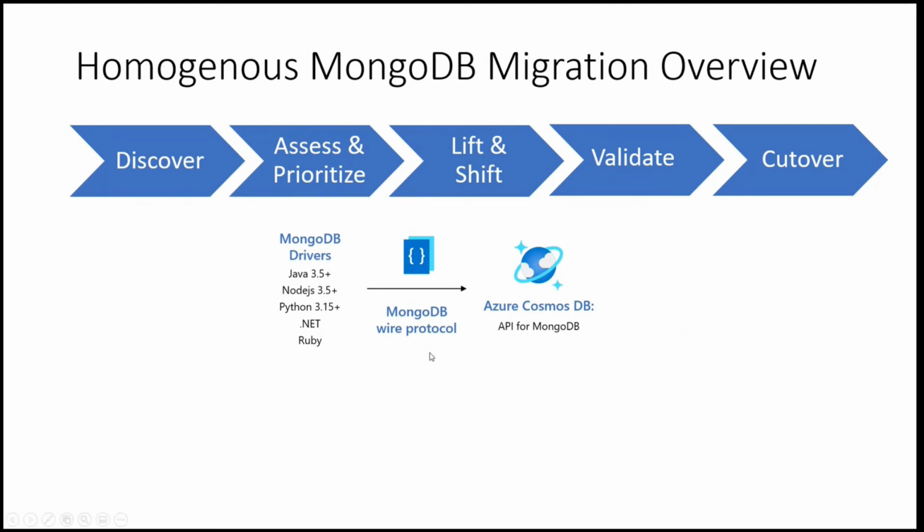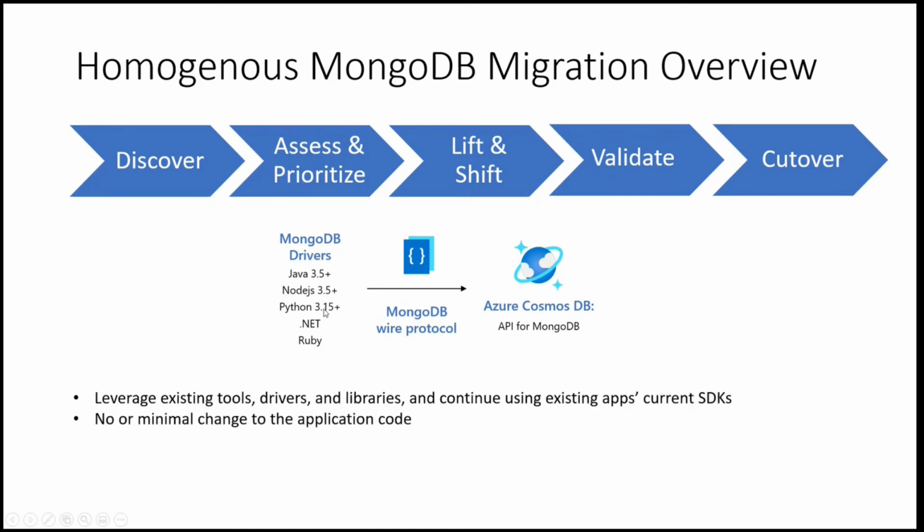But essentially, Cosmos DB provides wire protocol compatibility for the MongoDB API up to 4.0, which is the latest API. And you can use your same old traditional MongoDB drivers. So it could be Java, Node.js, Python, .NET, Ruby, or any other MongoDB driver that you are already using, and continue to use the same existing tools, drivers, libraries, and the same existing apps and SDKs, and just move your data to Cosmos DB.